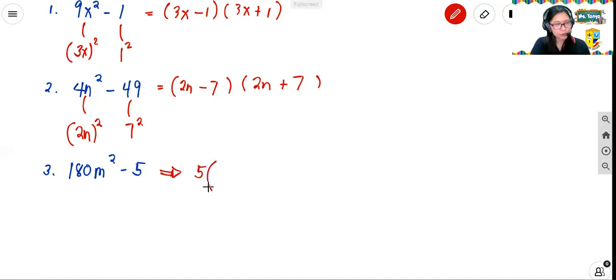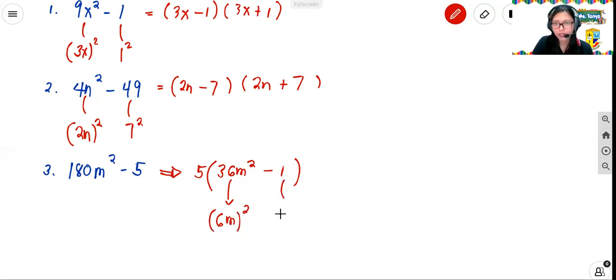And if we divide 180 by 5, we will get 36. So we have here 36n squared minus 1. And if you look at 36n squared minus 1, we already know that these two terms are perfect squares. So the square root of 36 is 6, and the square root of n squared is n. So we can put it as 6n squared. And then 1 is simply 1 squared.